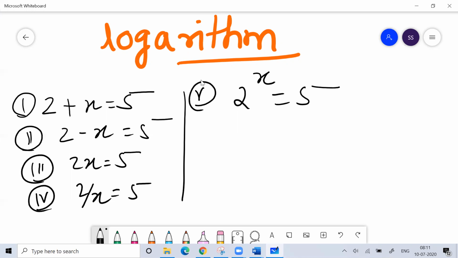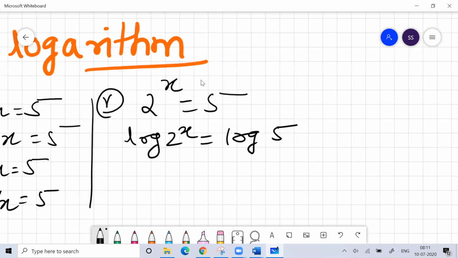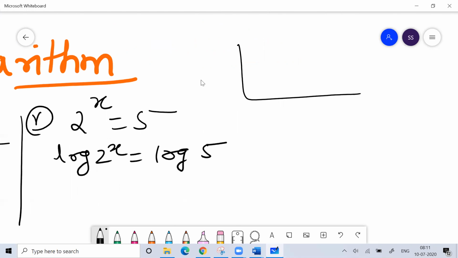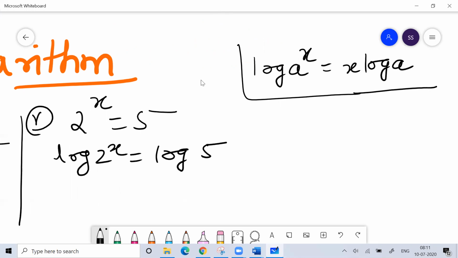The good thing about logarithm is that if you take log on both sides, there is a property of log that log of a to the power x will give you x log a.